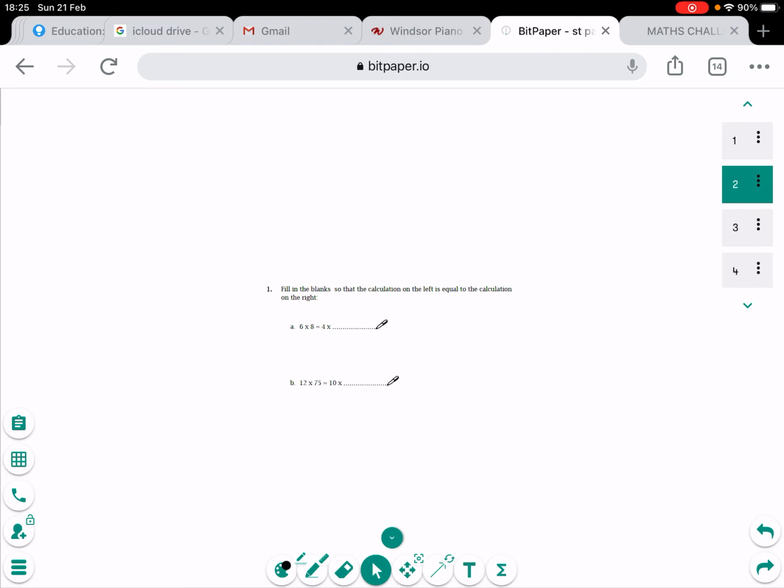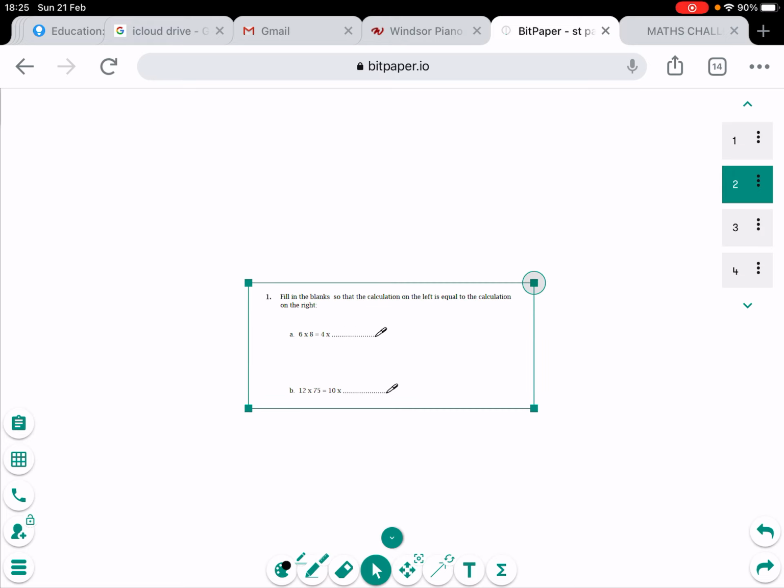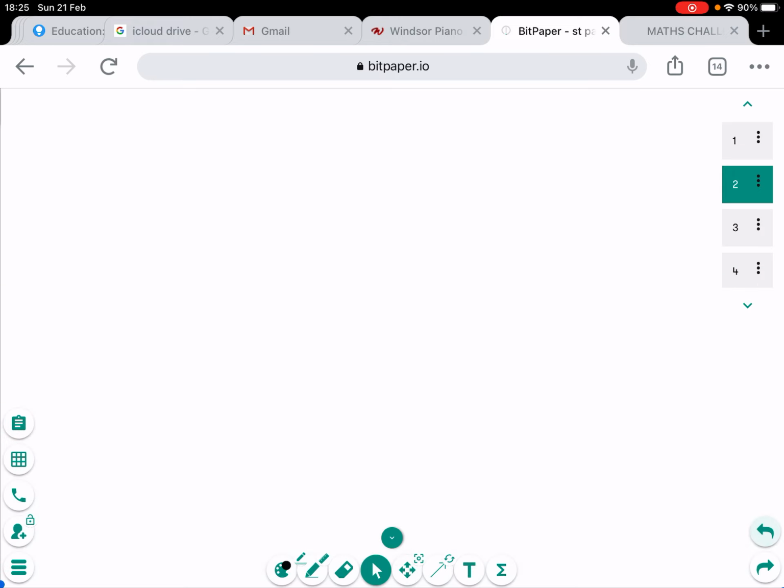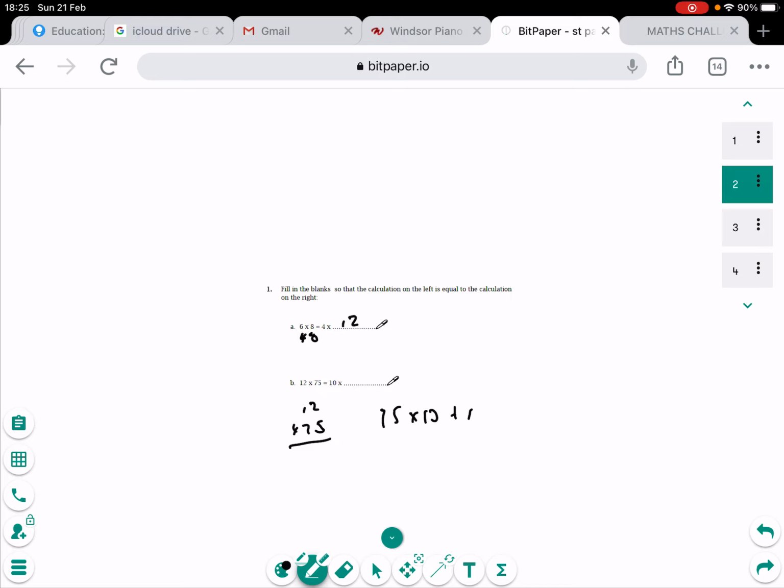For question 1, you just do some simple multiplication. So that's 48. So 12, and 1b. 12 times 75 equals 75 times 10 plus 150.